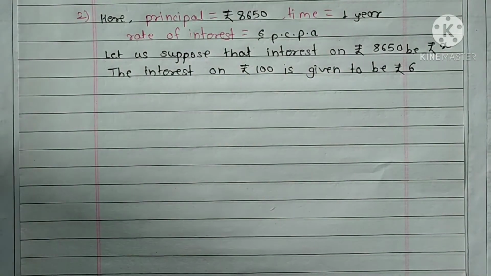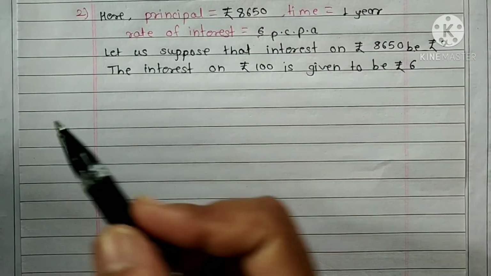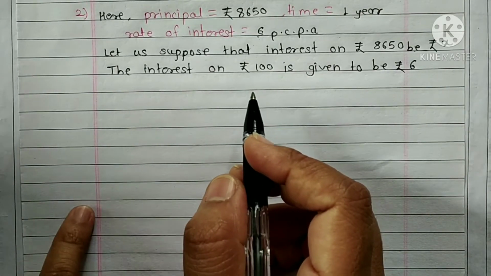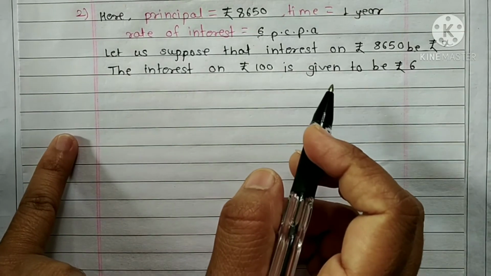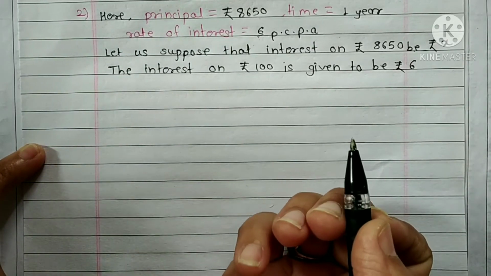Now you know if the principal increases, interest also increases. That is, interest increases in proportion to principal. So here we take the ratio of interest to principal.